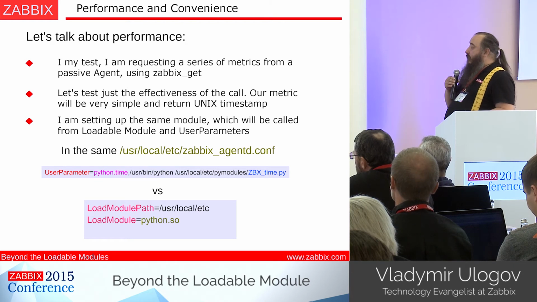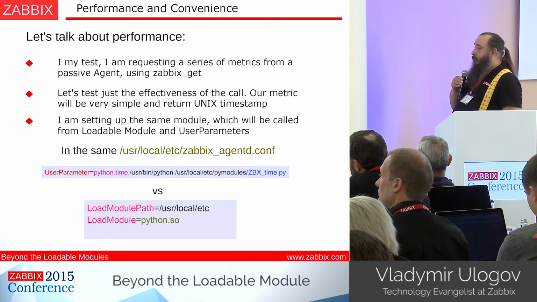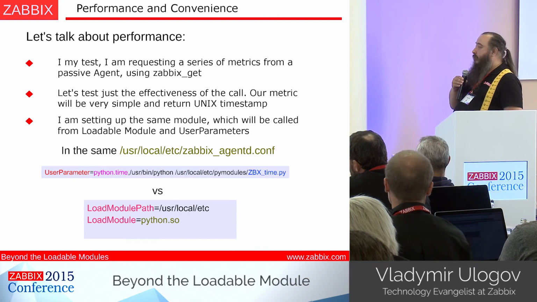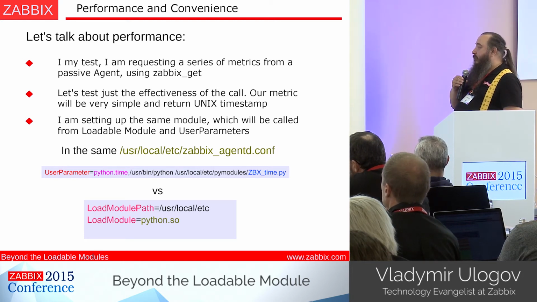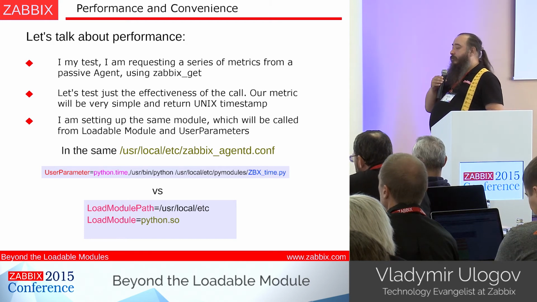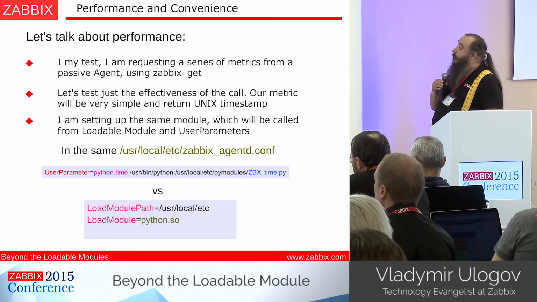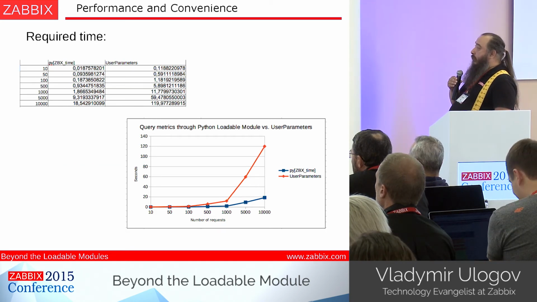And I'm using the same code, the same module, and in the first test I'm using what you're all familiar with, the user parameter, and I call Python and execute that module through the user parameters, or I'm accessing this module through the embedded interpreter. And this is the clear result.